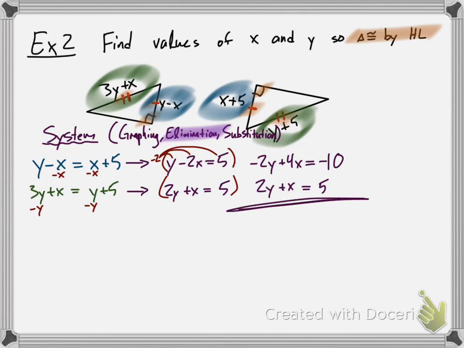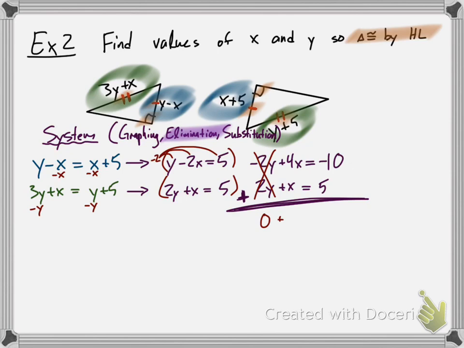And now we are able to combine these two equations. We're going to add these two. And we will see that the y's will end up canceling out, hence the name elimination.